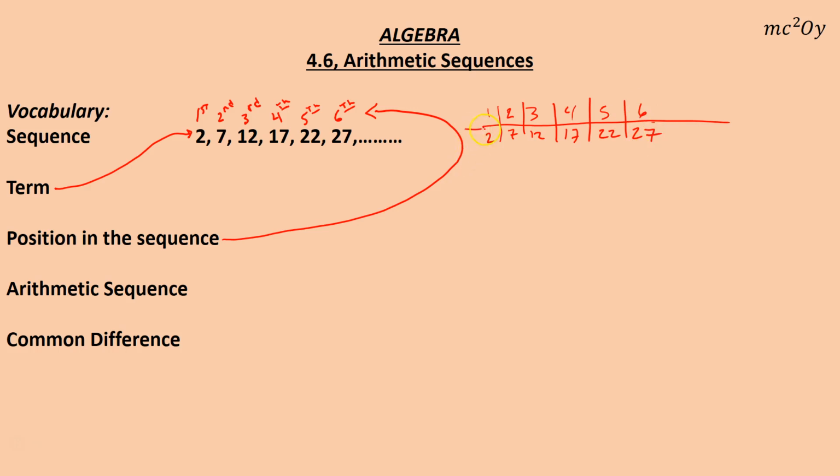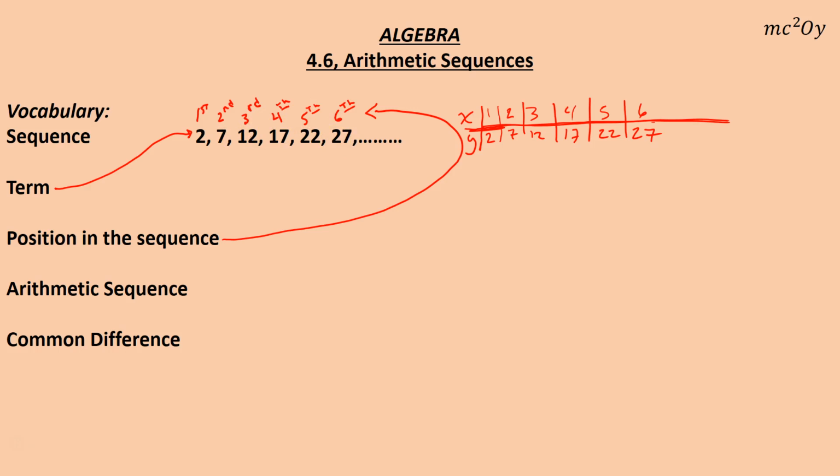All right, and really when we're looking at this in terms of our table, this is kind of just like an XY table, except we're going to relabel X and Y here in a minute to mean something else. Okay, we're going to use different variables to represent X and Y, but really that's all we're doing there. It allows us to make a table using the position of our terms in a sequence.